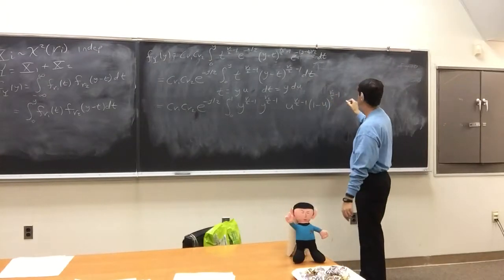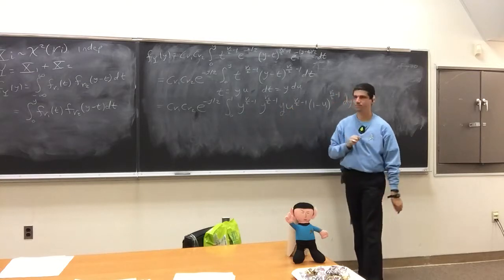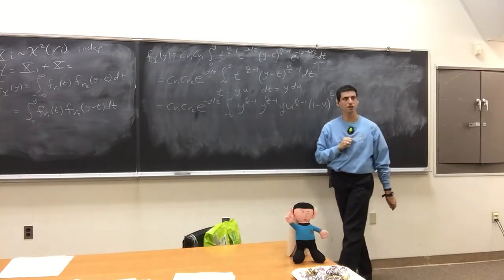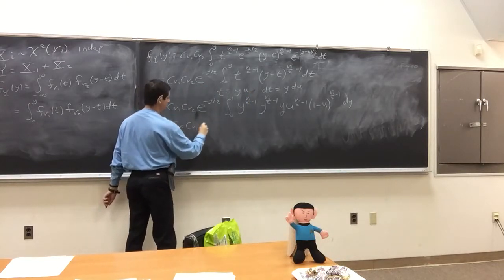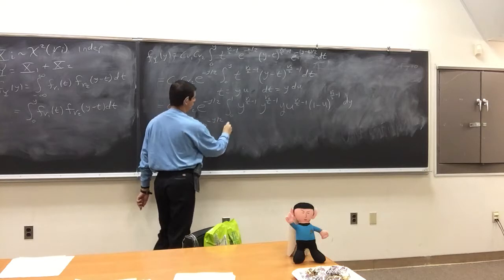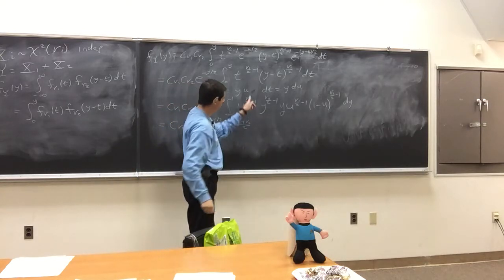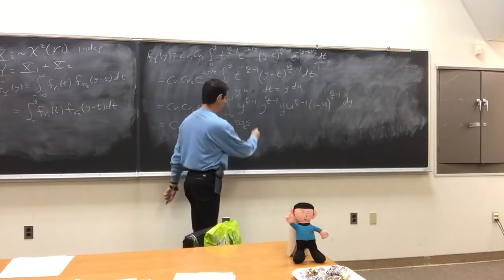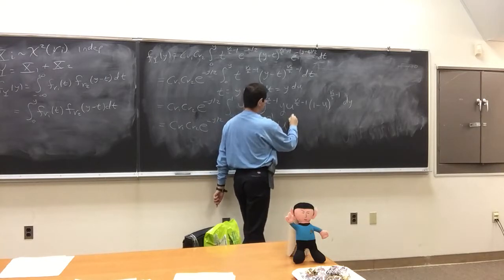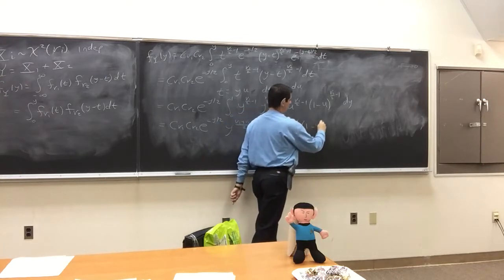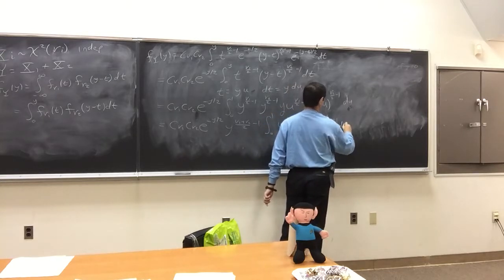And then dt becomes y du. Let's put the y over here. Now let's pull the y outside the integration. And we get c nu 1, c nu 2, e to the negative y halves, y to the (nu 1 plus nu 2) over 2, minus 1 plus 1 is minus 1, integral from 0 to 1 of u to the nu 1 over 2 minus 1, (1 minus u) to the nu 2 over 2 minus 1, oh, this is not dy, this is du.